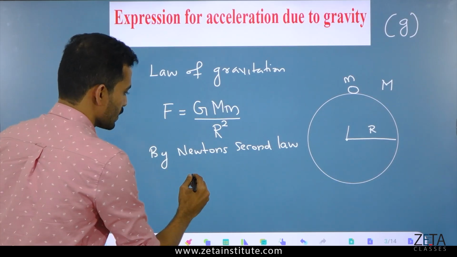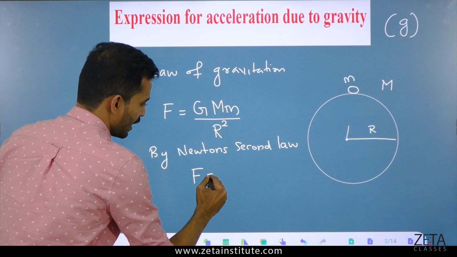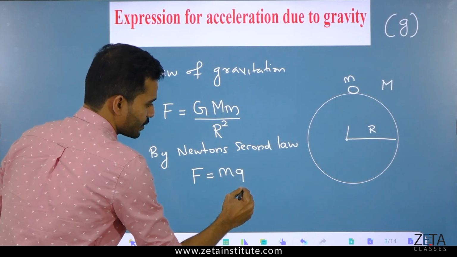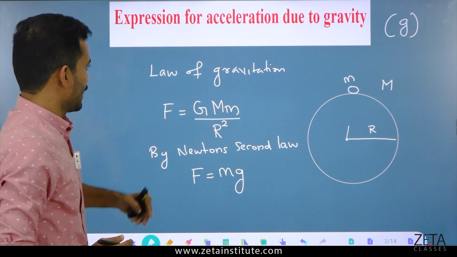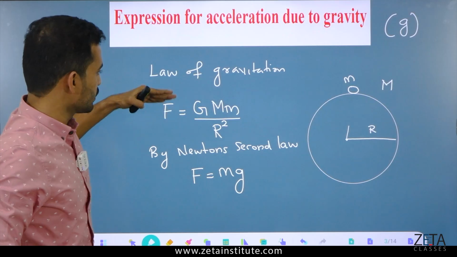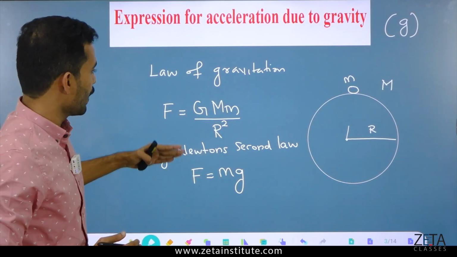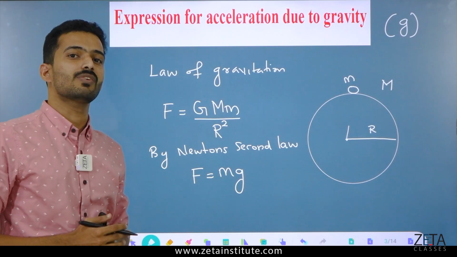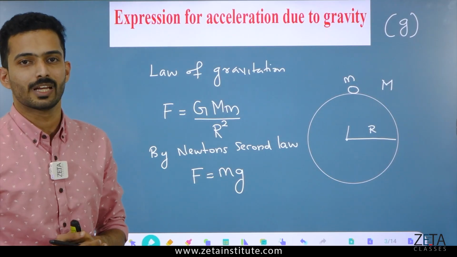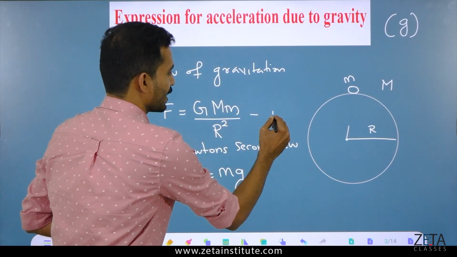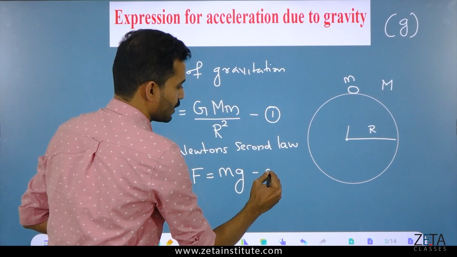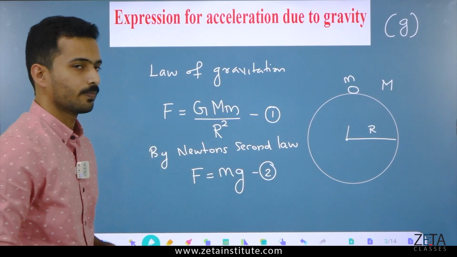So the force is given by F is equal to mg. According to the law of gravitation, the force is G M m by r square, and by Newton's second law, the force is F is equal to mg. We take these as equation number 1 and equation number 2.